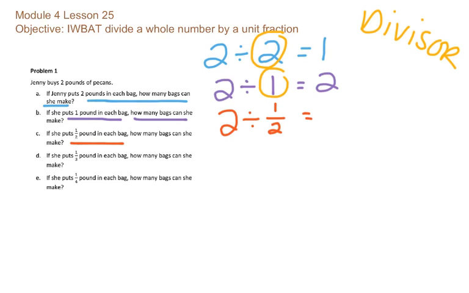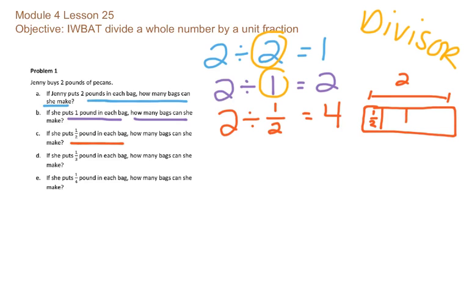That means we would actually get 4 bags. And the way we know this is that we're dividing into 1/2. The total number is 2. How many of these groups of 1/2 can you have? Well, here you can have 4.